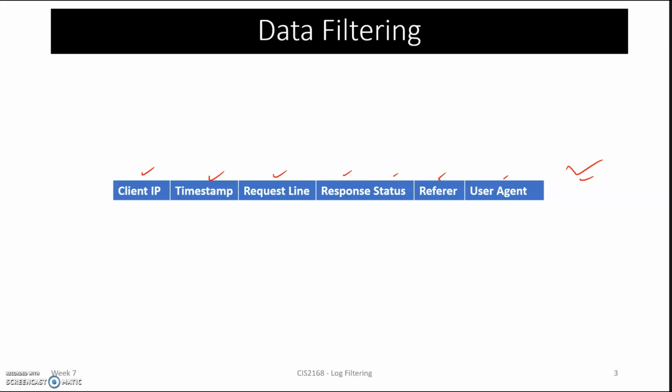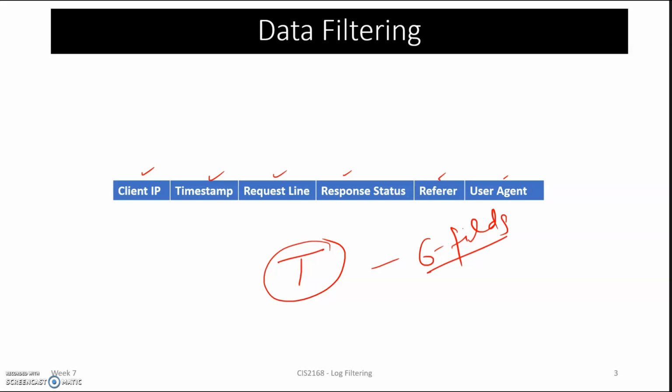So 6 different fields are shown here. For example, if you want to complete any task T, and for completing task T you do not need all 6 fields. What you want is something specific. For example, you just need the IP address, or you just need the request line, or you just need the user agent.